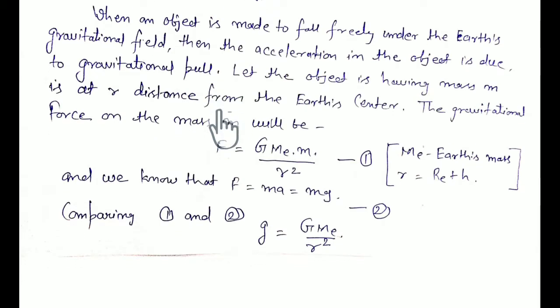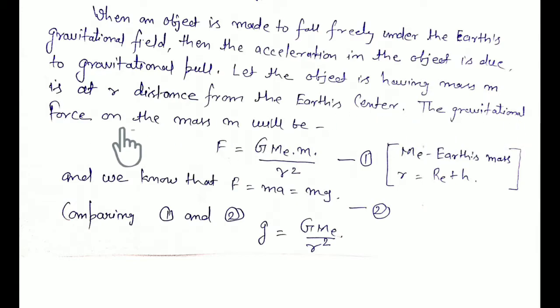To find the relationship for the small g gravitational acceleration, let's assume that an object having mass m is at r distance from the earth's center.